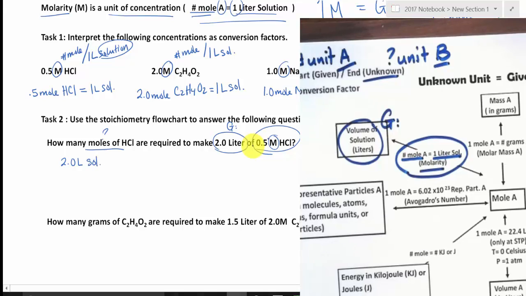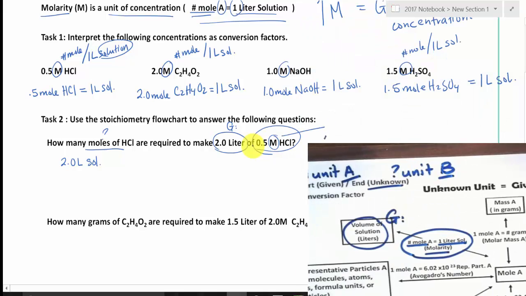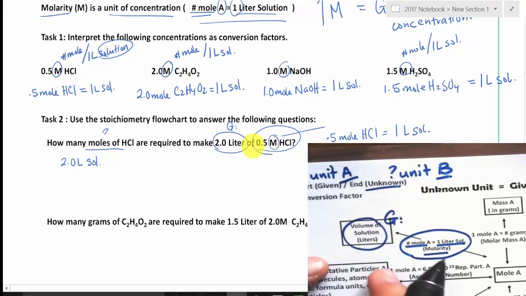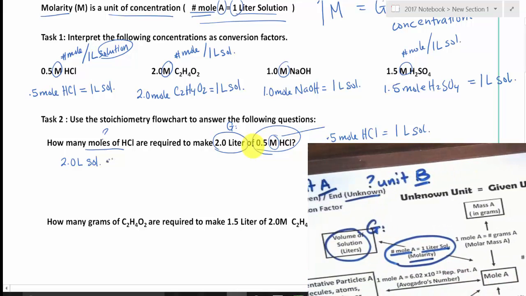This is our conversion factor, which is actually equal to 0.5 mole of HCl equal to 1 liter of solution. So if we take that, starting right here, and multiply by that conversion factor, which is 0.5 mole of HCl equal to 1 liter of solution, then we will get our moles.